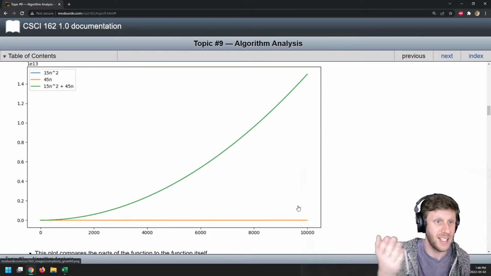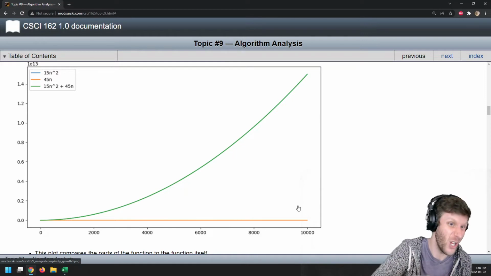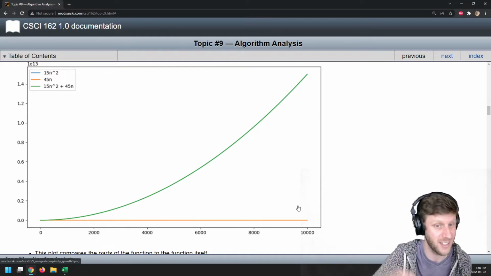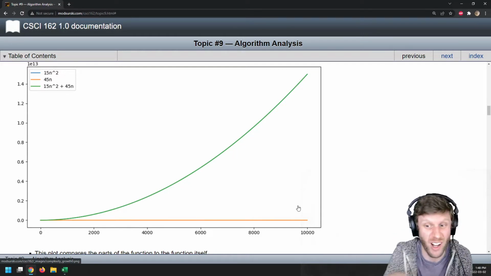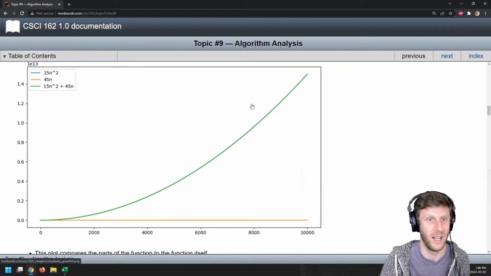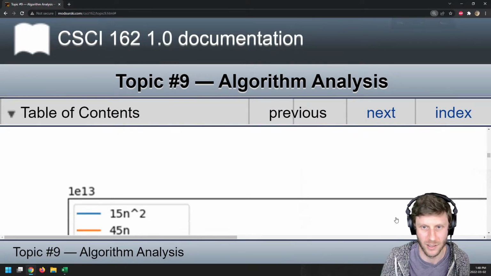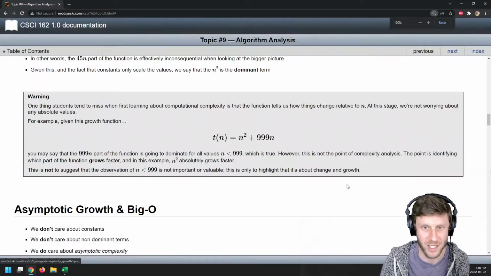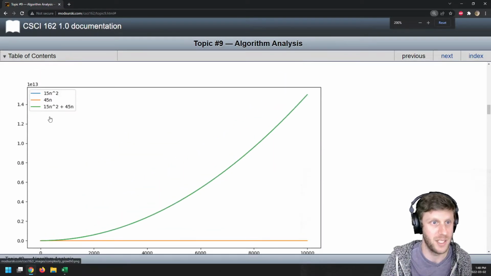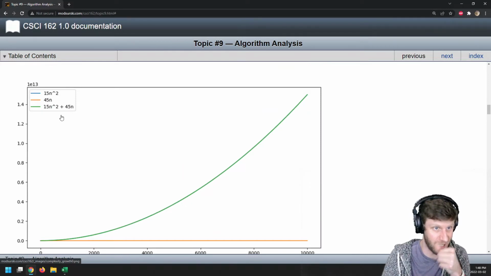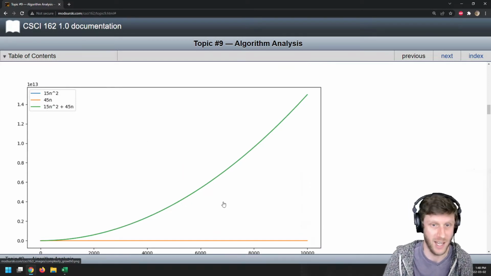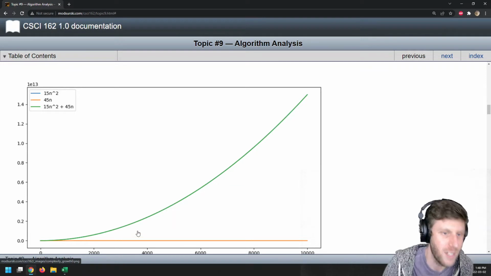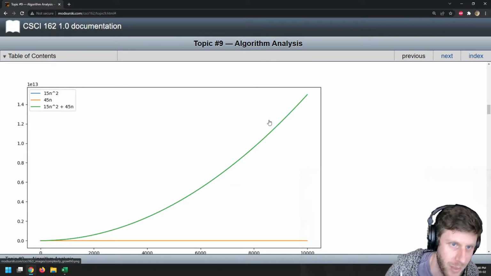So it's almost like this thing that's linear compared to the thing that's quadratic, the n squared, looks constant, looks flat. And you can't really tell, no, come on, because they're right on top of each other. Whoop. But the difference between the 15n squared and 15n squared plus 45n at this scale, you can't even tell the difference. The green line completely covers the blue line.